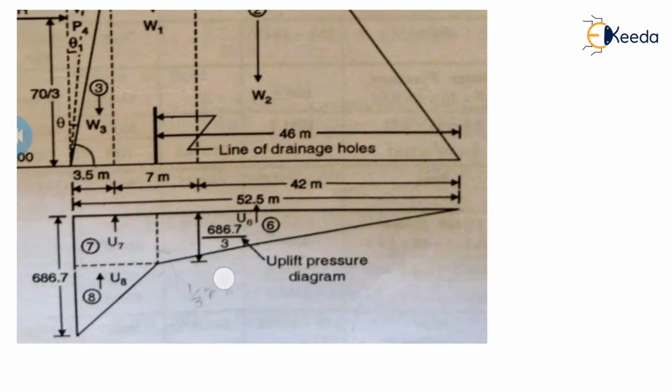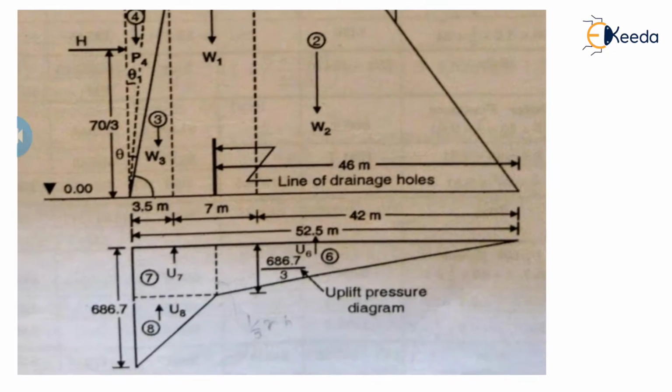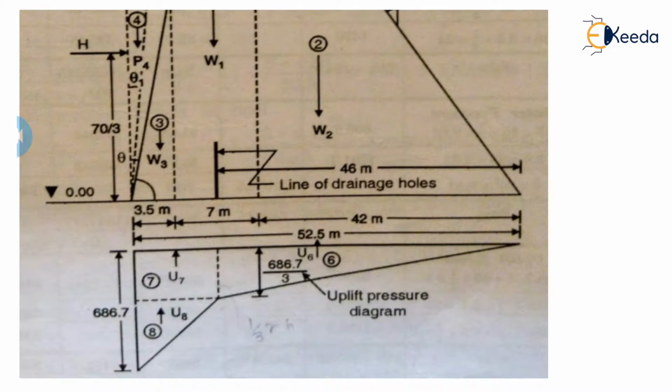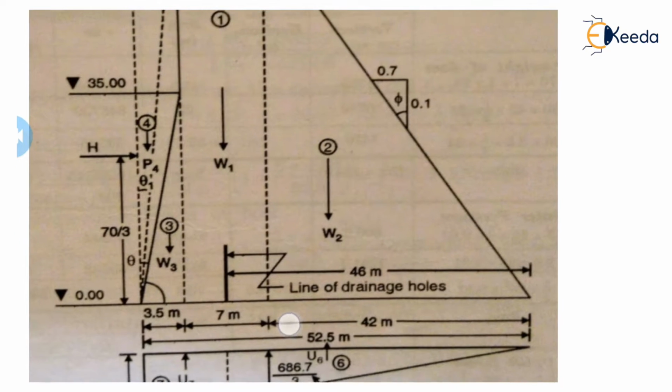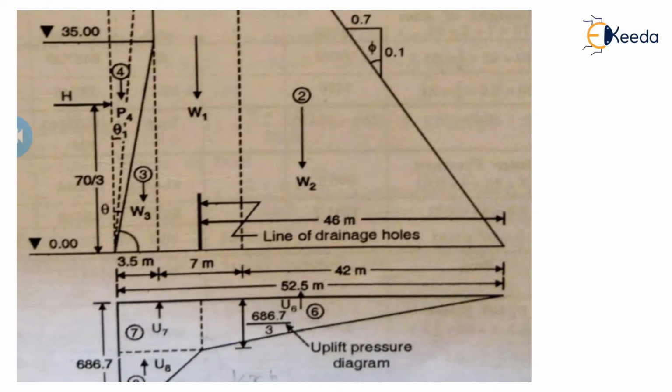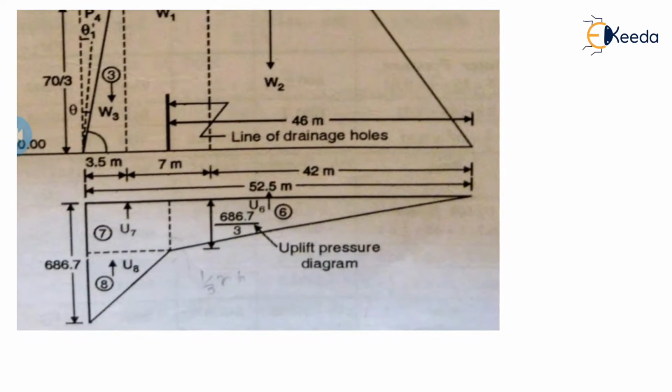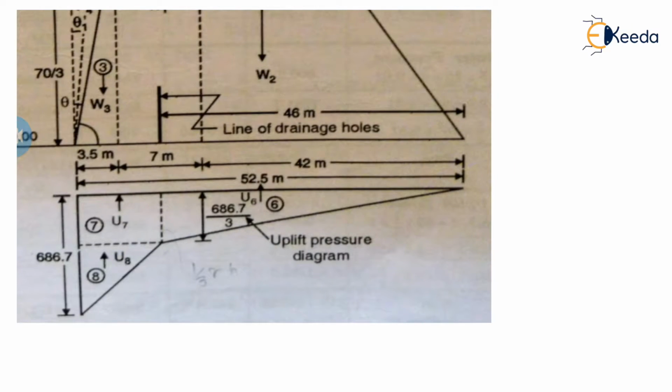Again, the base width and the drainage hole, as we had discussed, the drainage hole is provided in the body of the dam. Its value is 6.5 meters from the upstream face.